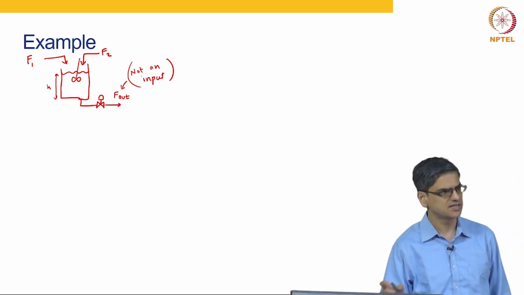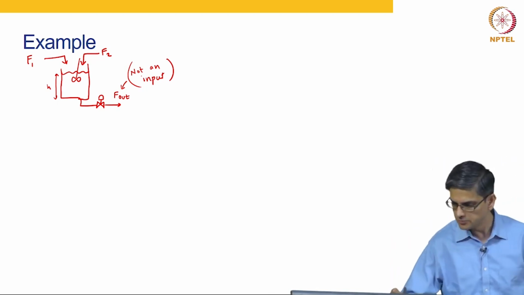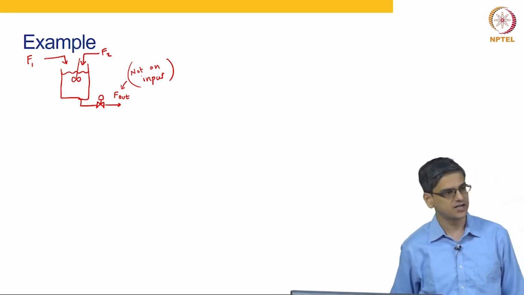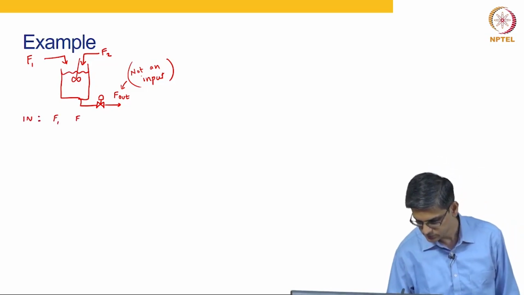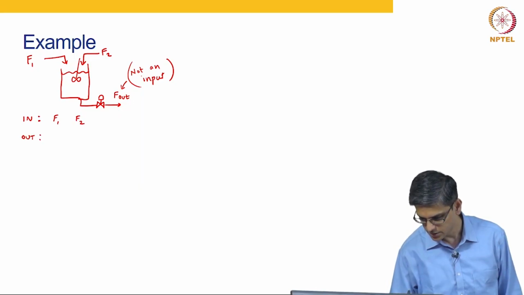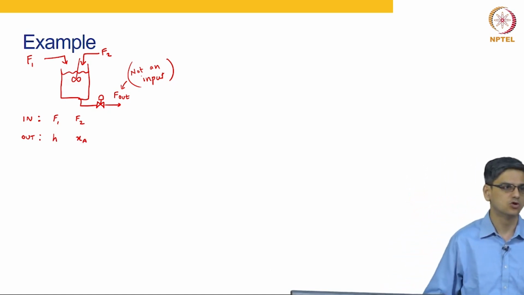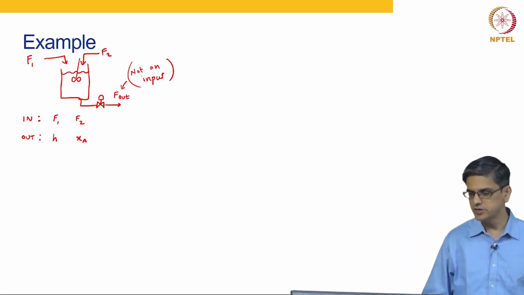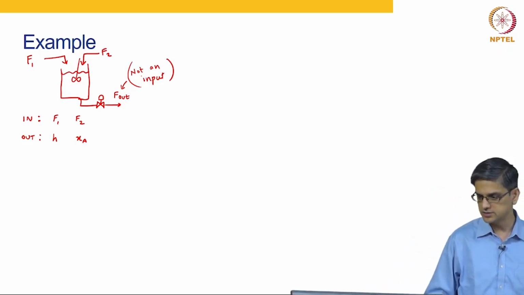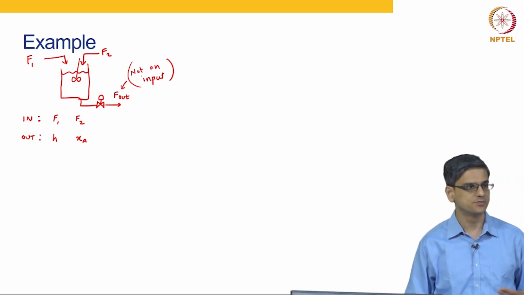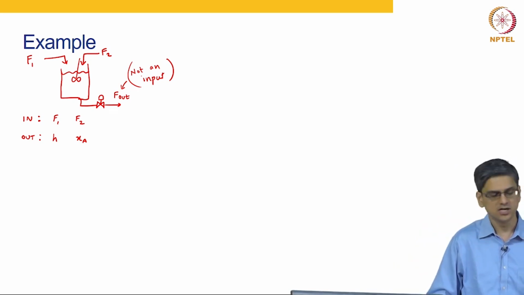So, in that particular case, and there was a question also where when we talked about blending system. Okay. So, we will actually say that F1 and F2 are the inputs, okay, and outputs are height h and concentration or the mole fraction of species A. So, we are going to mix two guys F1 and F2, and we are going to mix them so that we get the desired concentration of A. Okay. So, that is the problem.